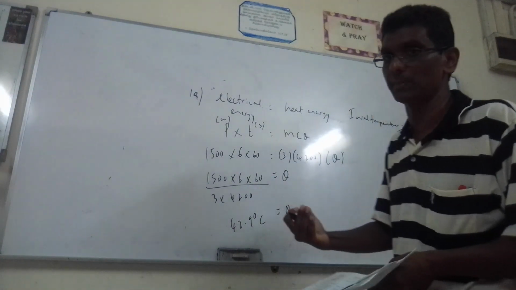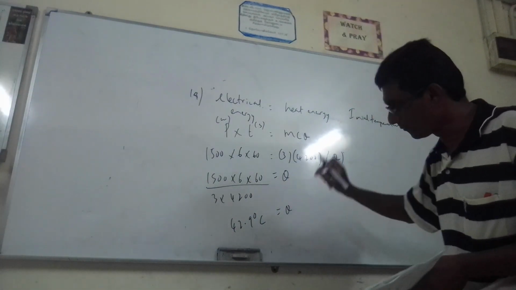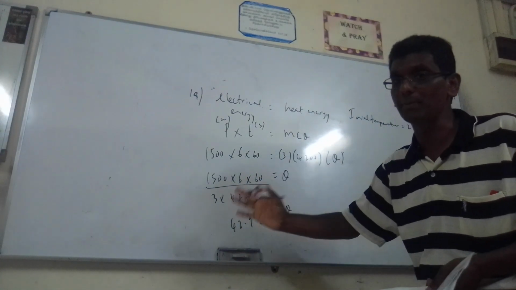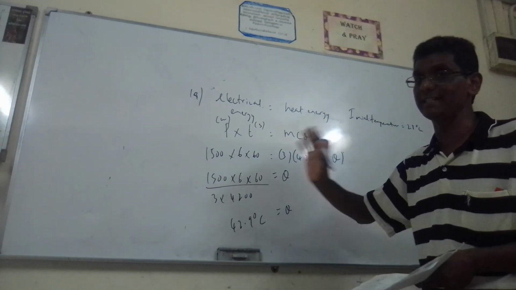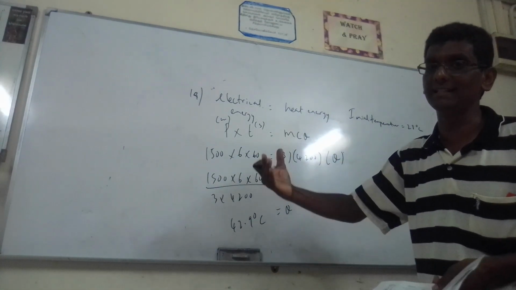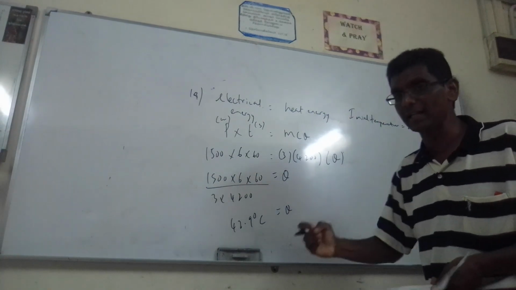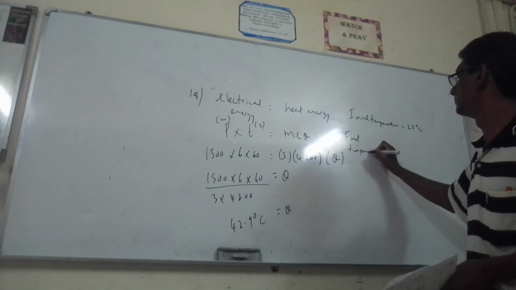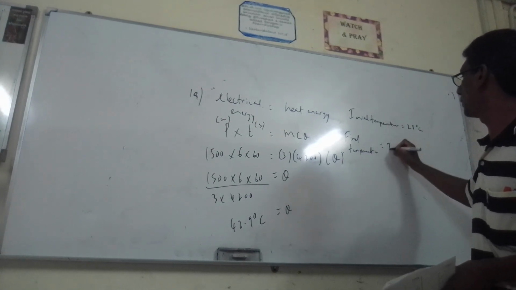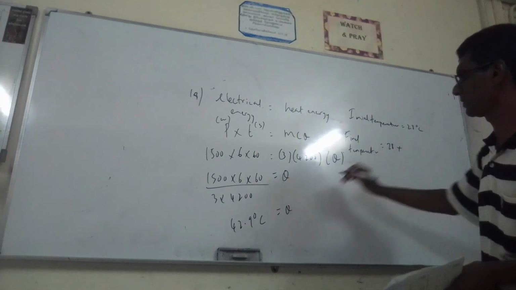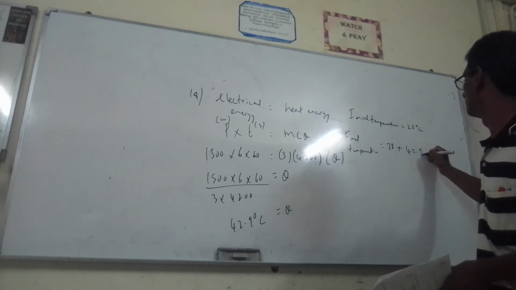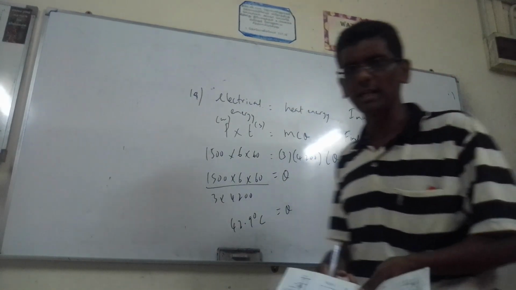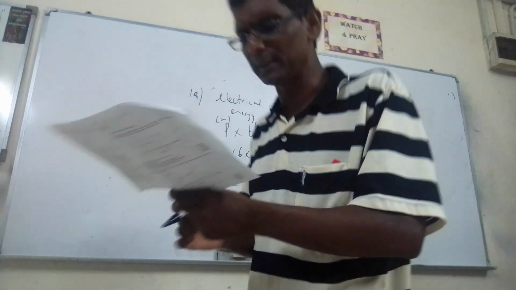The initial temperature of 28 degrees Celsius plus 42.9, the rise in temperature, so that is 70.9 degrees Celsius. That's the answer.